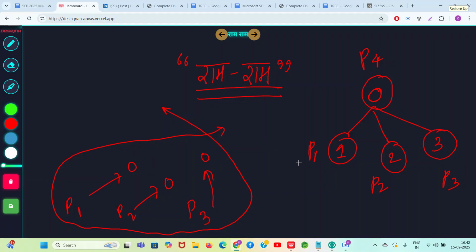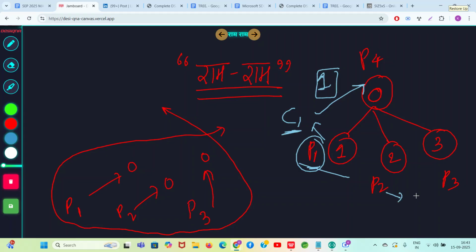So what can P1 do to reach node 0? He can use his car C1 and travel here, right? At each node the person has his car also. So he will use car 1 and travel to node 0, and it costs 1 liter of fuel. P2 will use his car C2 and travel to node 0, right?